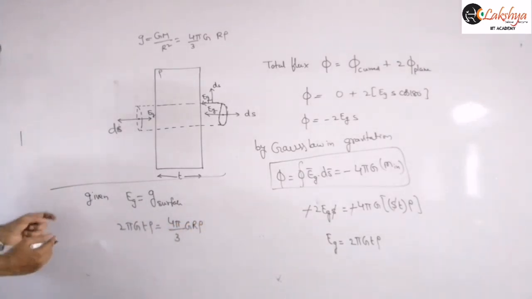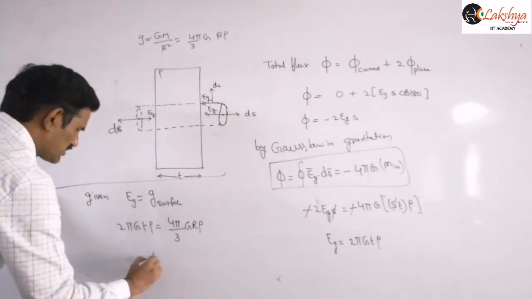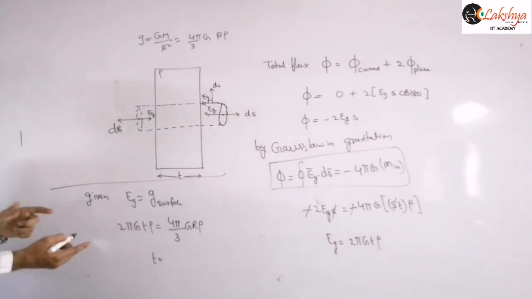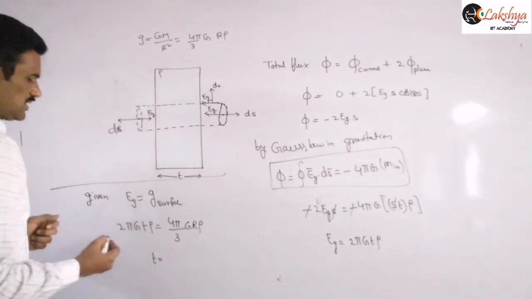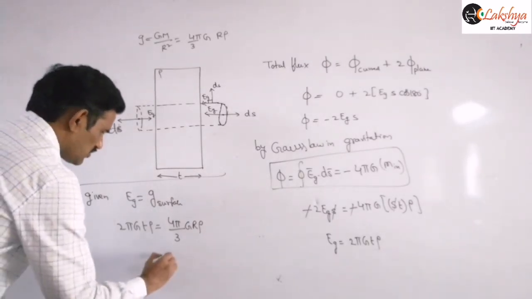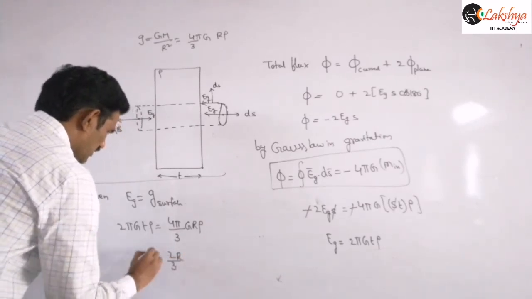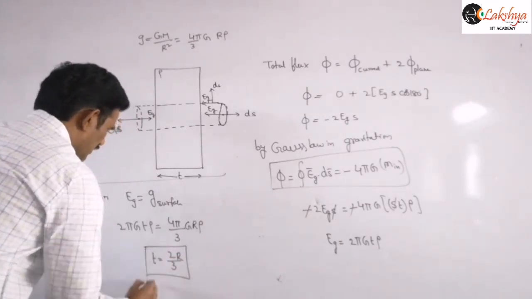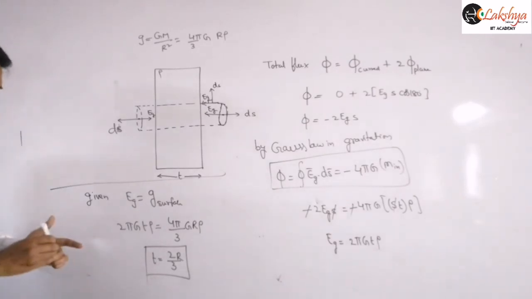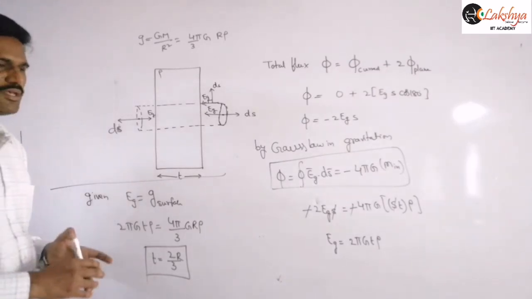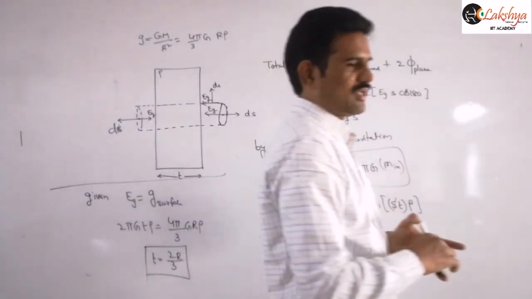Now we can do the simplification. Rho cancels and G cancels, so T is equal to 2 by 3 R, or 2R by 3. That will be the thickness of this thick plane.